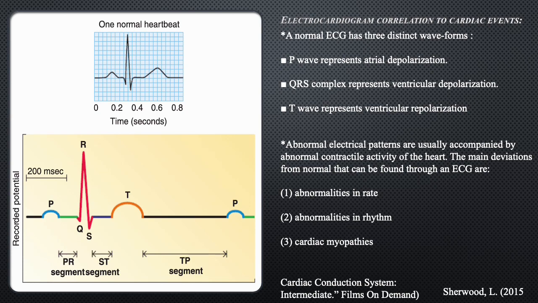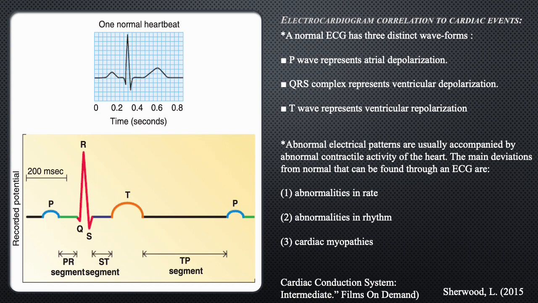The recording represents a comparison of voltage detected by electrodes at two points on the body surface, not the actual potential. For example, the ECG doesn't record a potential when the ventricular muscle is either completely depolarized or completely repolarized. Both electrodes are viewing the same potential, so no difference in potential between the two electrodes is recorded.